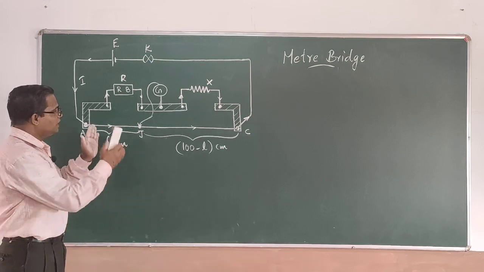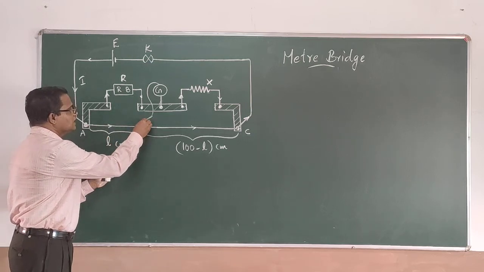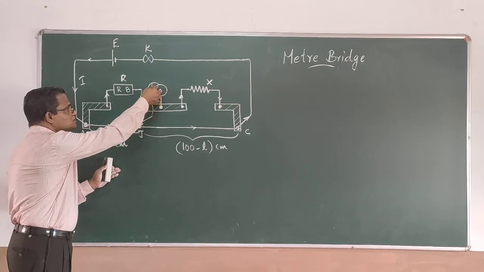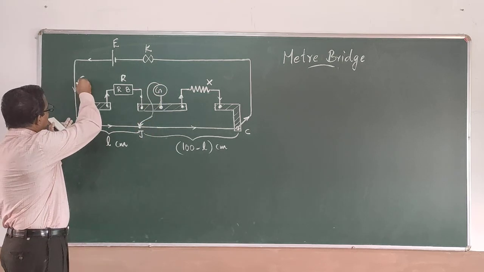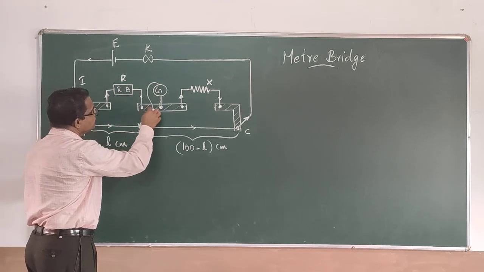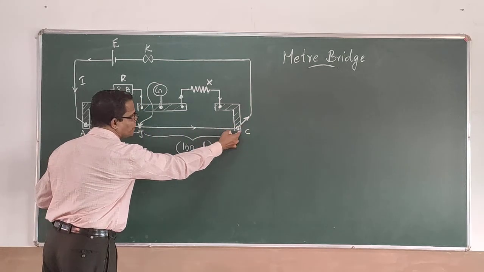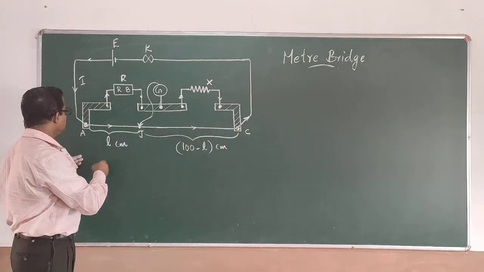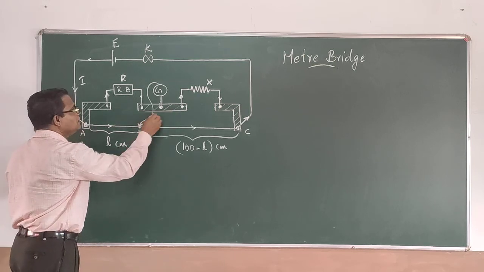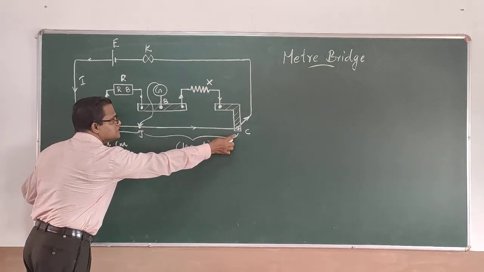Now at this particular point, as the galvanometer reads 0, no current is flowing through this way. That means the current reaching here will be flowing through this part, and the remaining flows through this part. Now let me take the points A, let this be B, C and G.